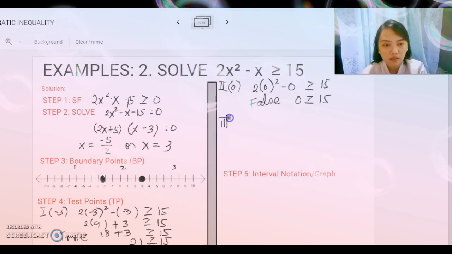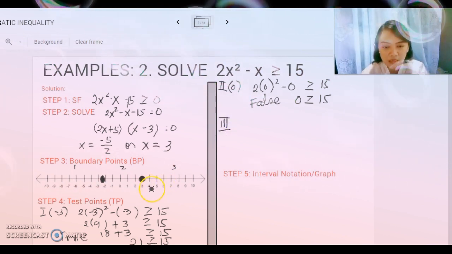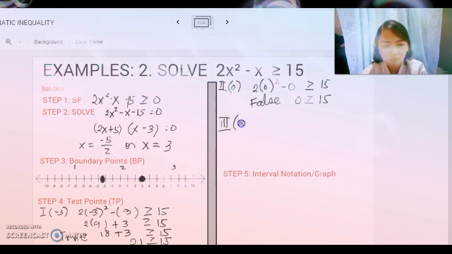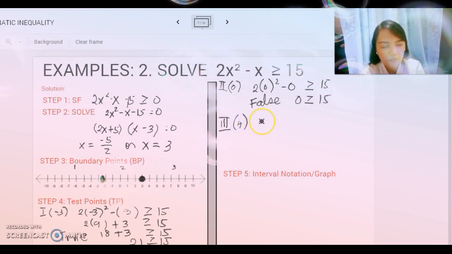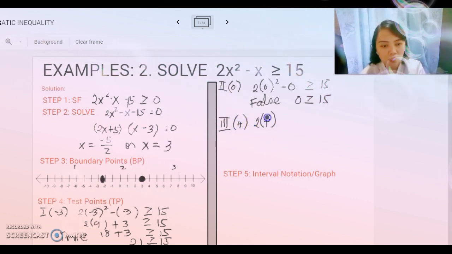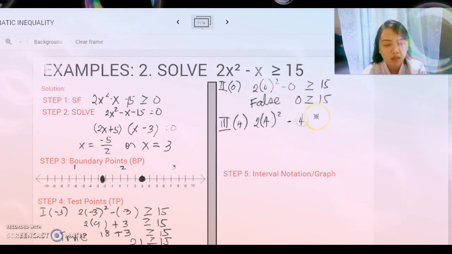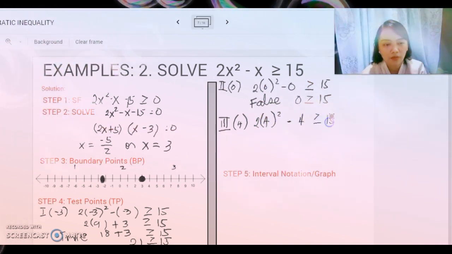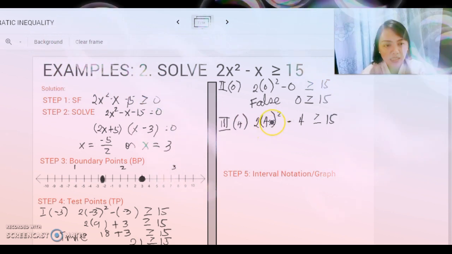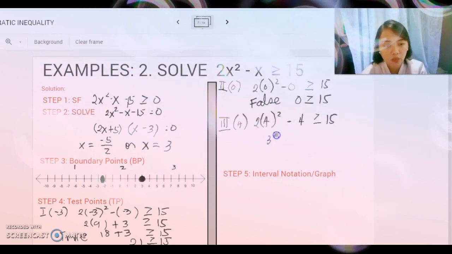Sa region 3, pipiliin natin is, okay, 4. Try natin yung 4. So, yun yung pinakamaliit. So, 2 times 4 squared minus 4 is greater than or equal to 15. 4 squared is 16. 16 times 2 is 32.